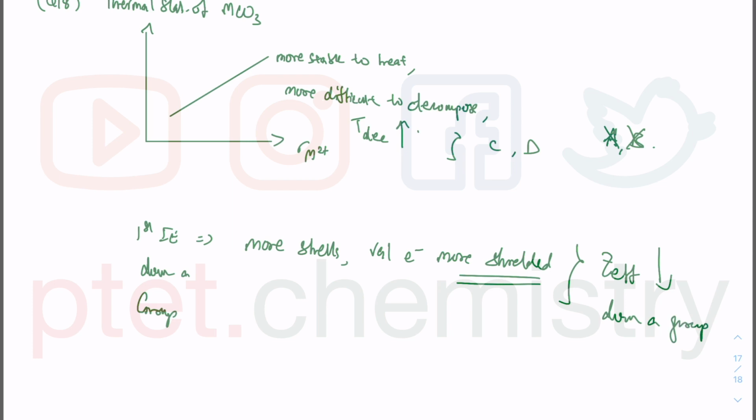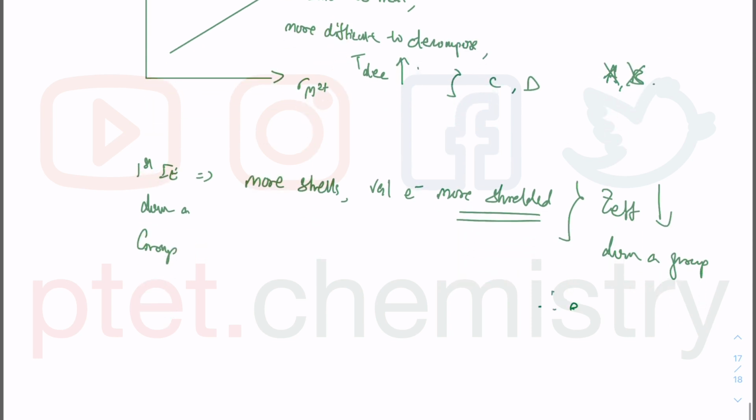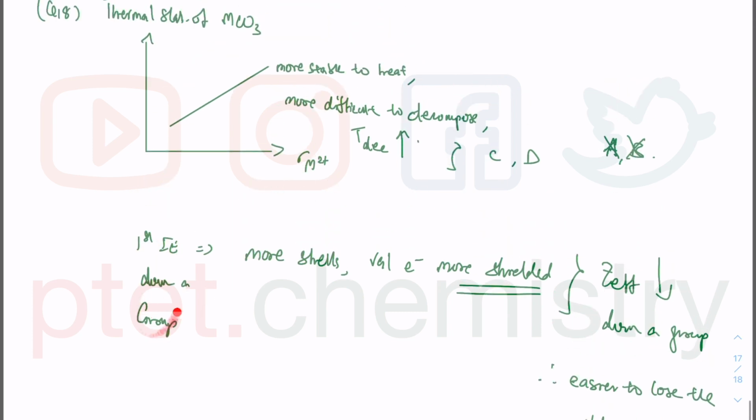This effective nuclear charge is basically the net effect that your valence electrons feel from the protons in the nucleus. How are they attracted? Since that is becoming lower, it is easier to lose the valence electron, because they are not as attracted as those valence electrons for the elements higher up in the group with fewer inner shells.